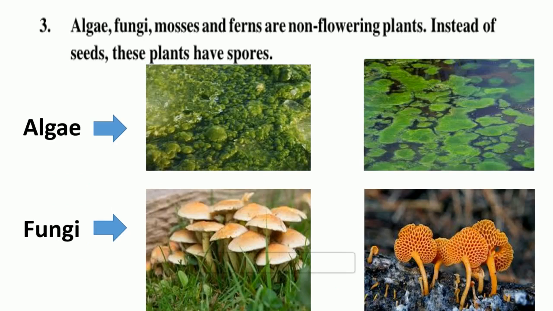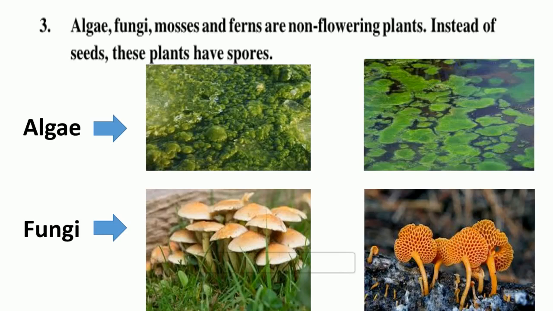Third, algae, fungi, mosses and ferns are non-flowering plants. Instead of seeds, these plants have spores. Dear students, all these are non-flowering plants. First of all, I will explain algae. Algae is a simple, non-flowering aquatic plant that has no flowers, stems, leaves or roots, but it has chlorophyll.